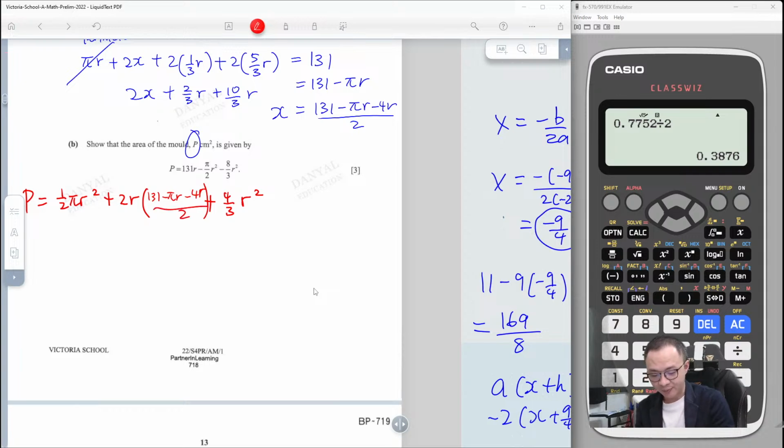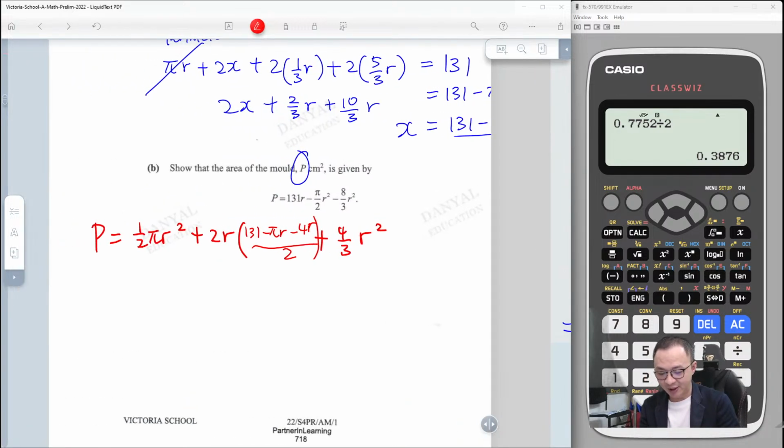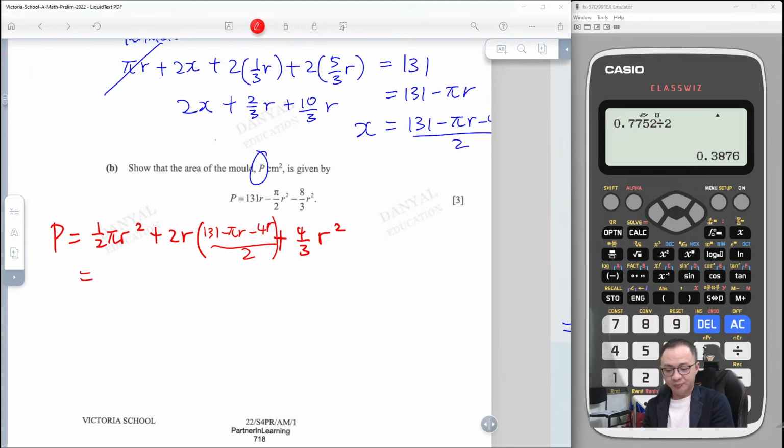Let me zoom bigger a little bit so that it's easier to see. 2 and 2 I will cut. A lot of work, man, for 3 marks. Let's do this one. So plus 131r minus pi r squared minus 4r squared plus 4 over 3r squared.